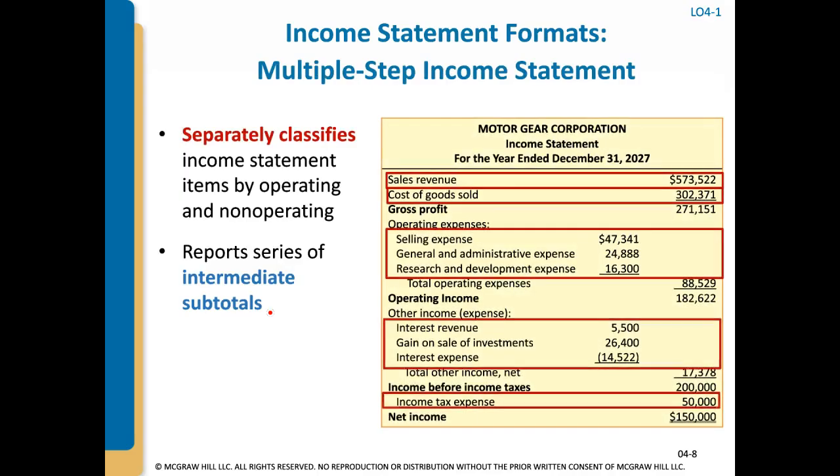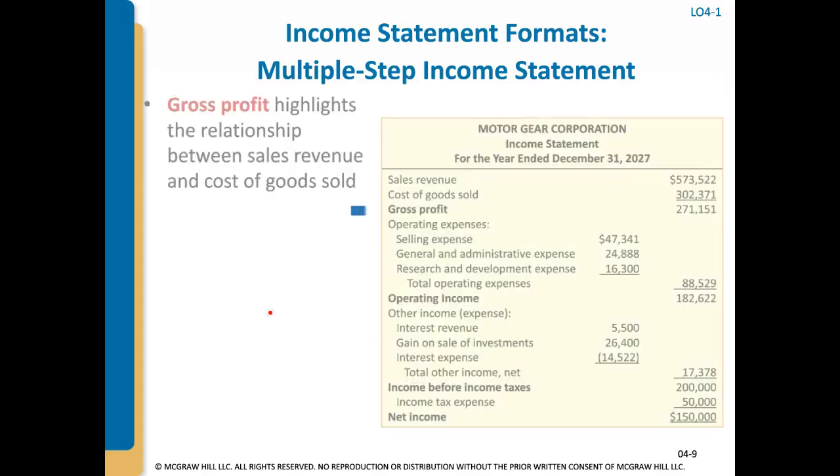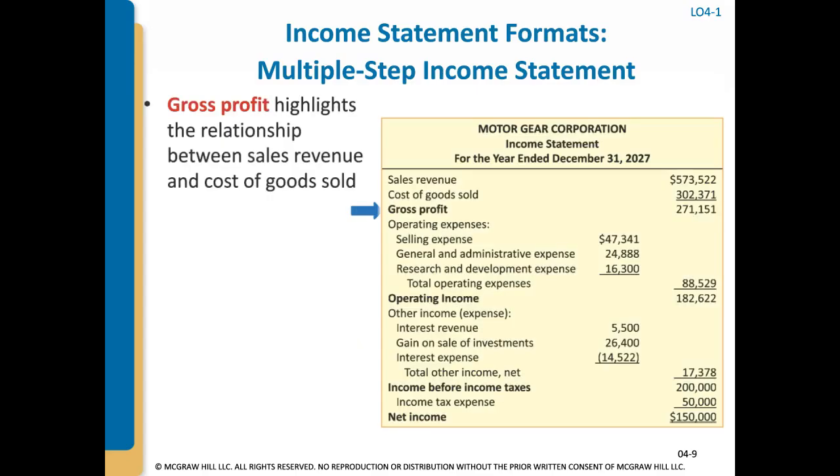Versus the multi-step, which is what we have been talking about this entire time, where we separate out the operating from the other income and expenses, the gains and losses we've been talking about.